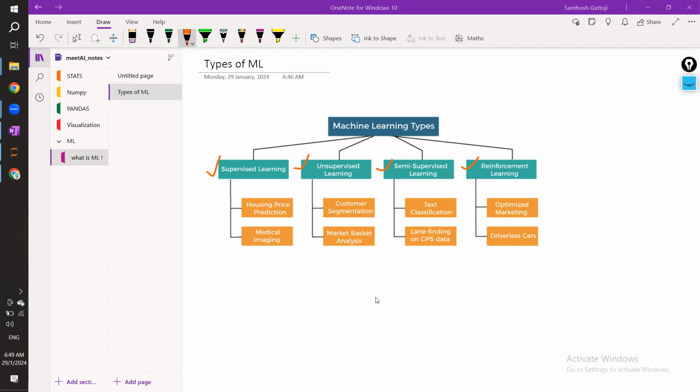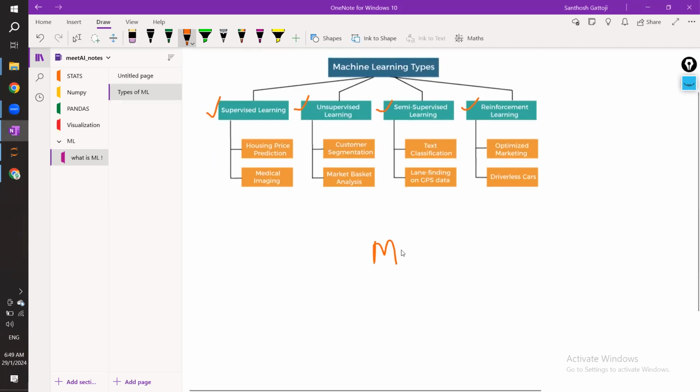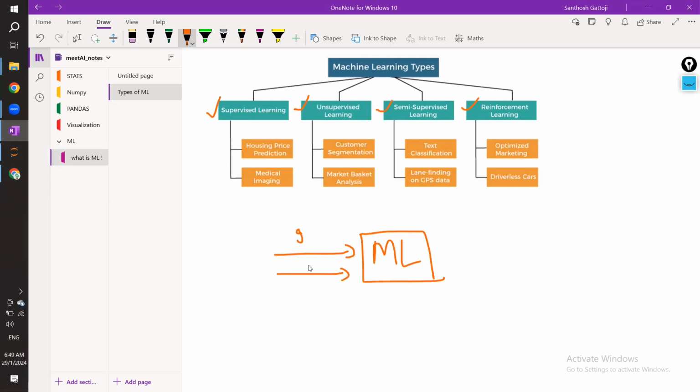What is machine learning fundamentally? It will learn the pattern based upon certain training. So that is the simple definition of machine learning. For it to learn the pattern, we need to pass it both input and also output.